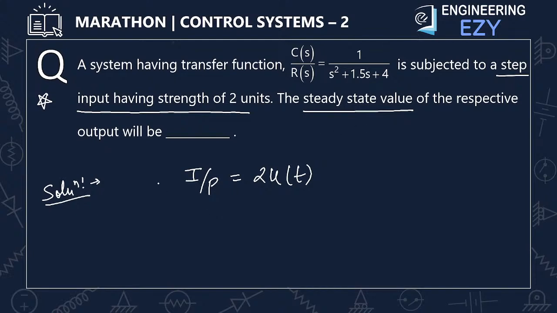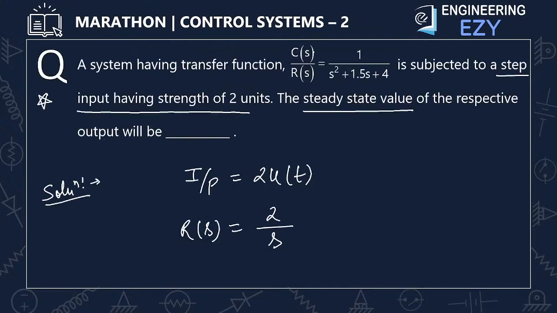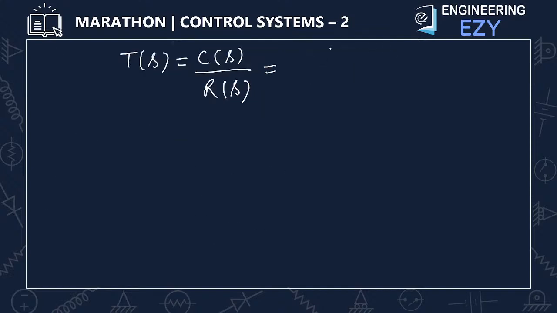The Laplace of the input R(s) is equal to 2 by s. And C(s) is equal to T(s) into R(s). T(s), the transfer function of the system, is C(s) by R(s) equal to 1 upon s square plus 1.5s plus 4.